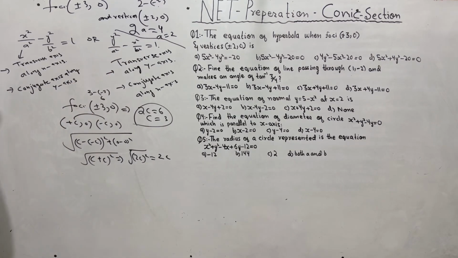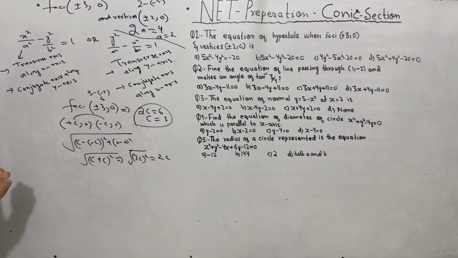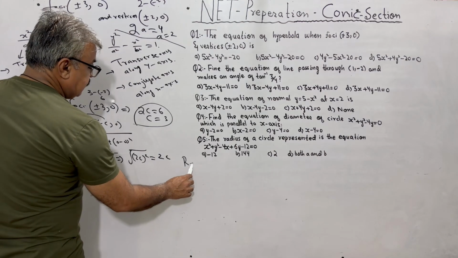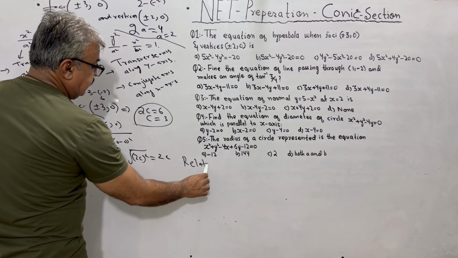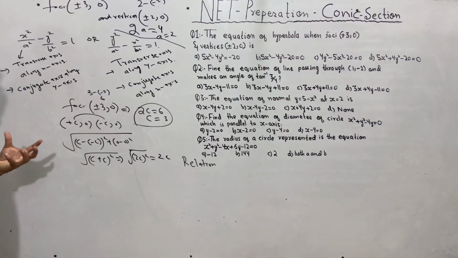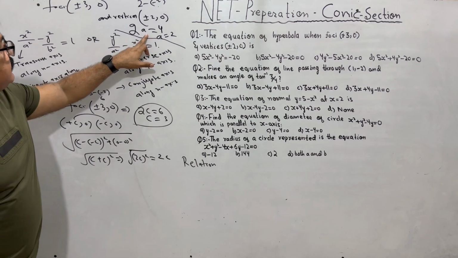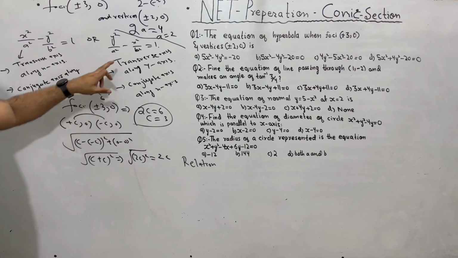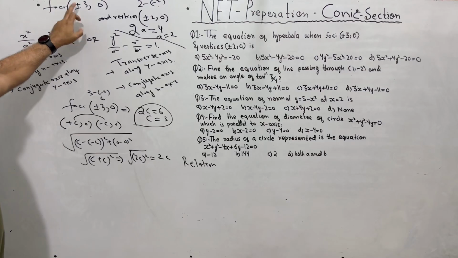The relation connecting a, b and c: a is the semi-transverse axis, b is the semi-conjugate axis, and c is the semi-focal length.